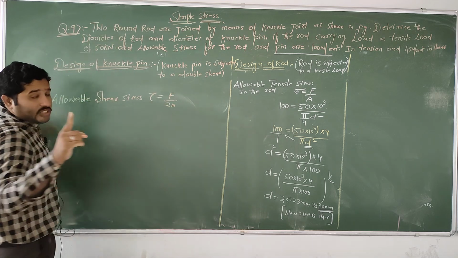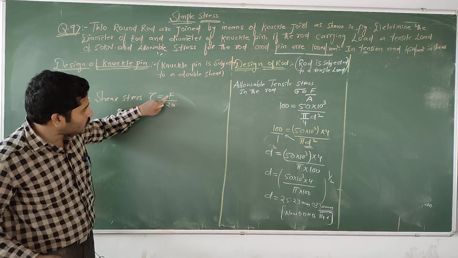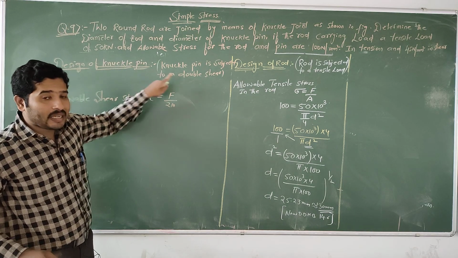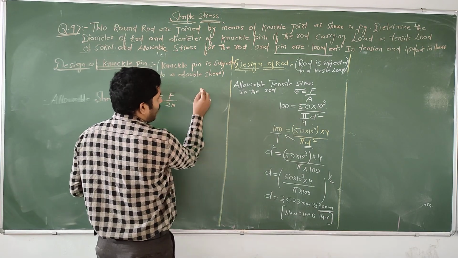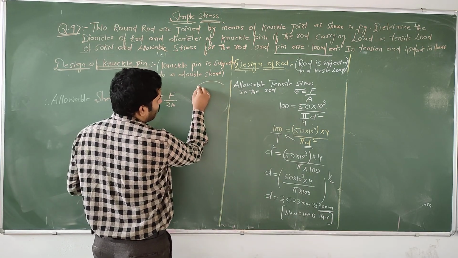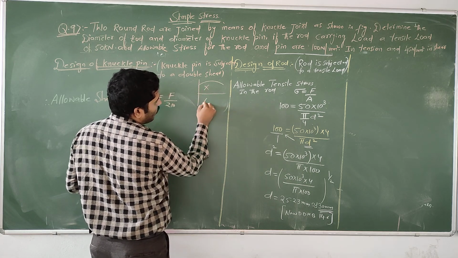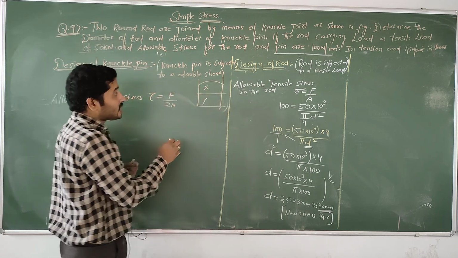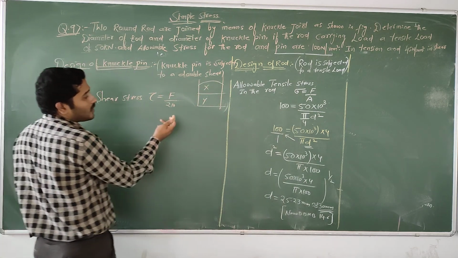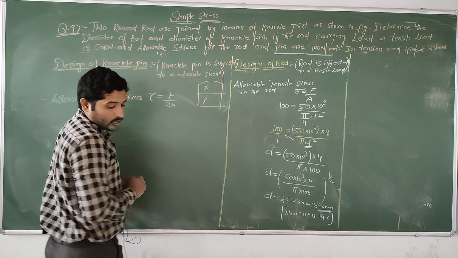If it is a single shear, then you have to use the formula force per unit area. But here, how many shears will be there? It is developed at 2 areas, above X as well as Y. So, 2 shears are developed, and for that reason, we are using 2 area.